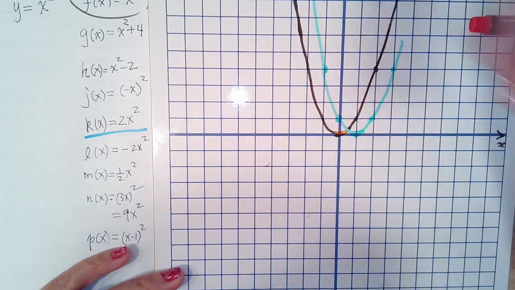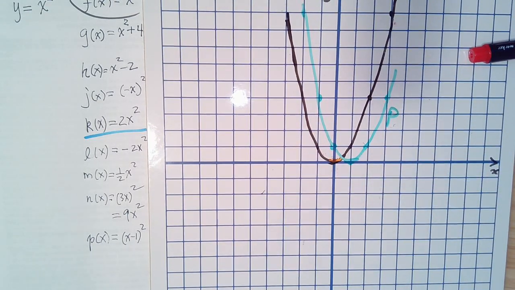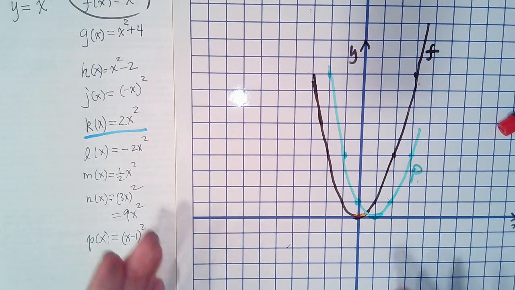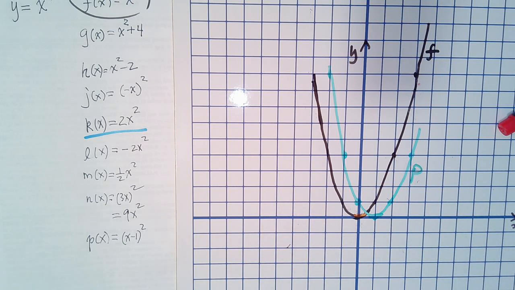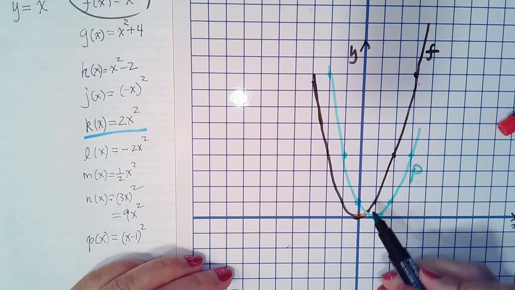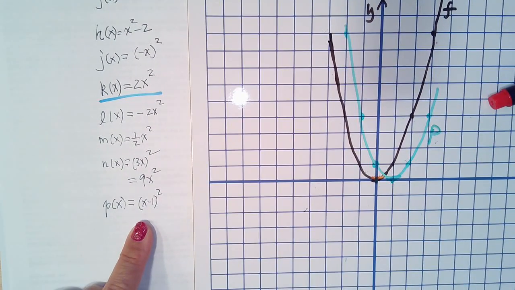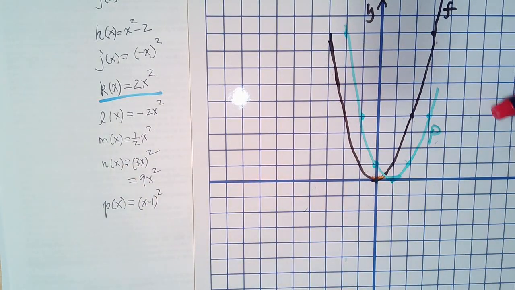What do you think? What's the relationship between your function p and your original parent function f? You're shifting the parent function's graph to the right by 1. So when you see x minus 1, shift to the right. One more. I ask you to do this.